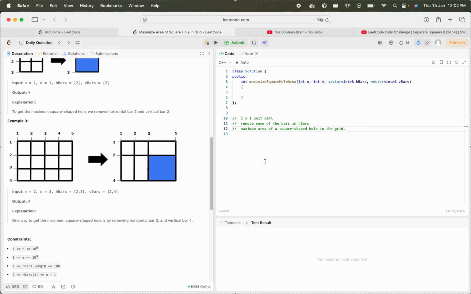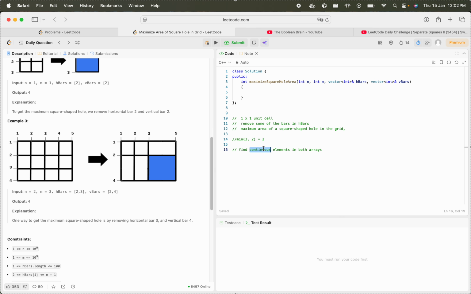That's the reason my answer became the minimum of 3 and 2, which is 2. This becomes the side in this case. Okay, now with this, I know that I need to find continuous elements in both arrays.